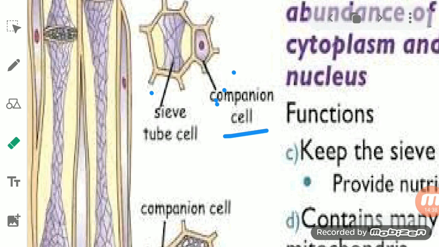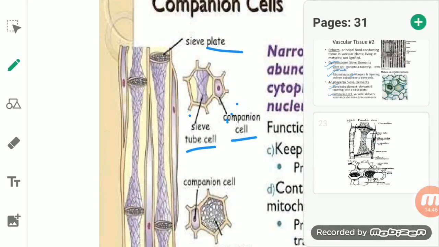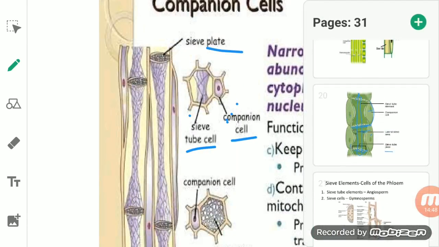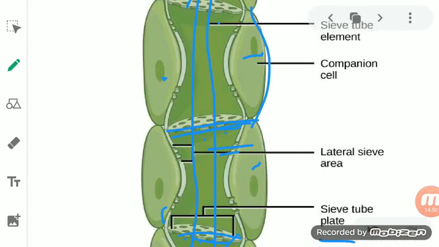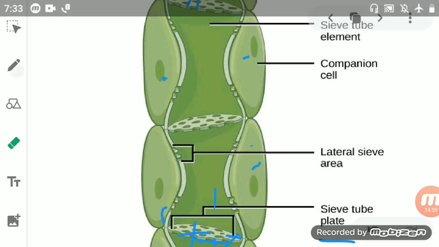This nucleated companion cell is attached with the sieve tube cell. You can see here it is attached with it. I can show you with the other diagram also. See students, these are the companion cells which are present with the sieve tubes. You can see here, this is the companion cell.